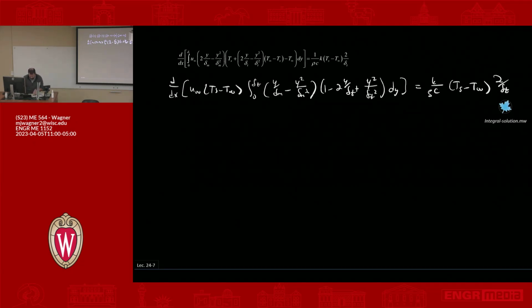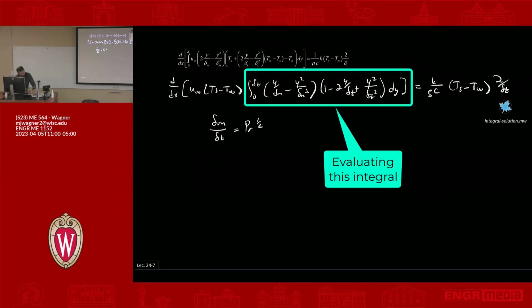Then we make this substitution: we're going to say delta m over delta t, anytime we see that, we call that equal to Prandtl to the 1/2. Evaluating out the integrals, I'll just skip to the result here.